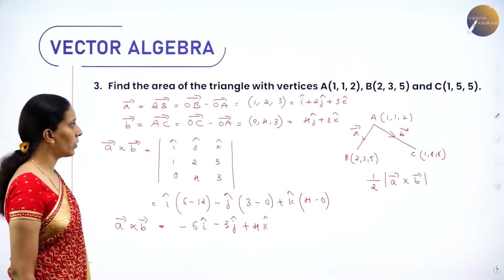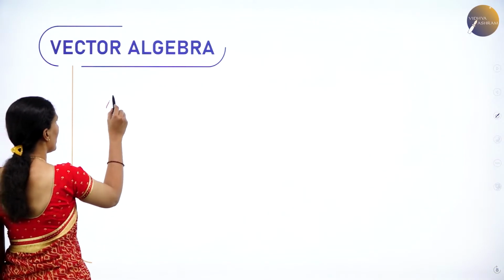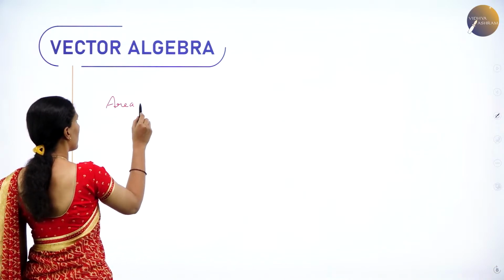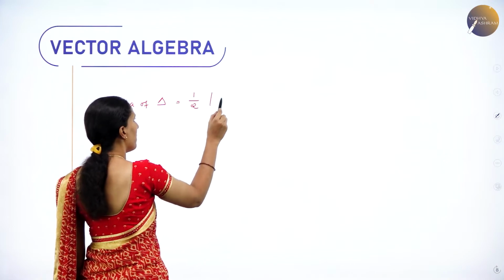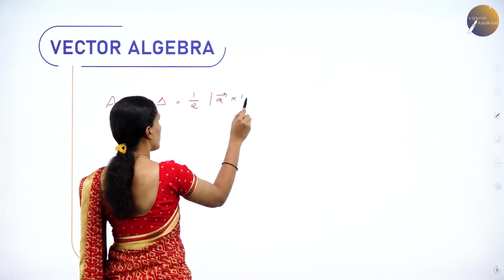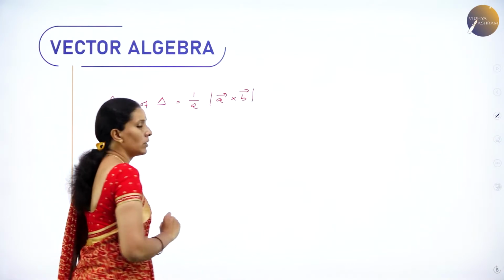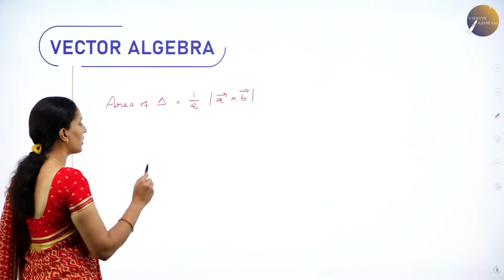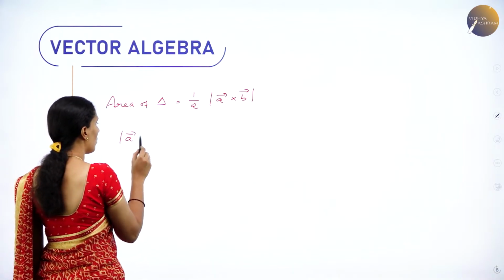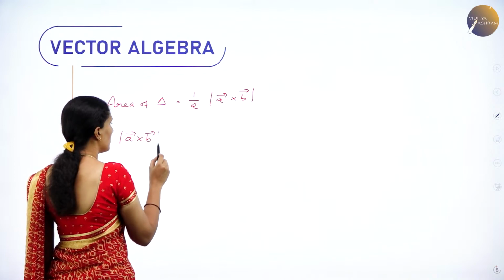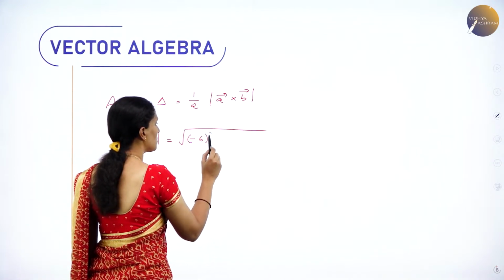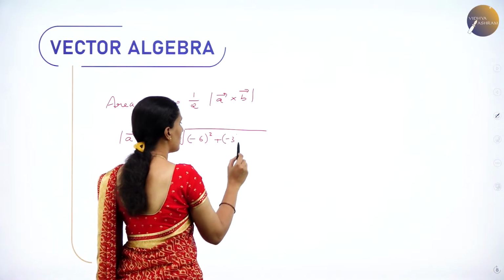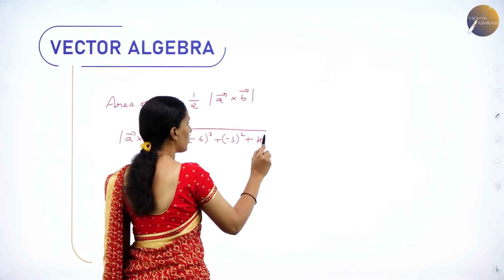Now we need to find the area of the triangle. So the area of the triangle is half of the magnitude of A cross B. First let us find the magnitude of A cross B. It is the square root of minus 6 whole square, minus 3 whole square, plus 4 square.